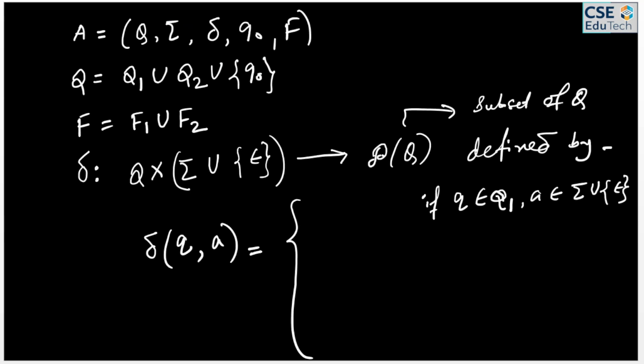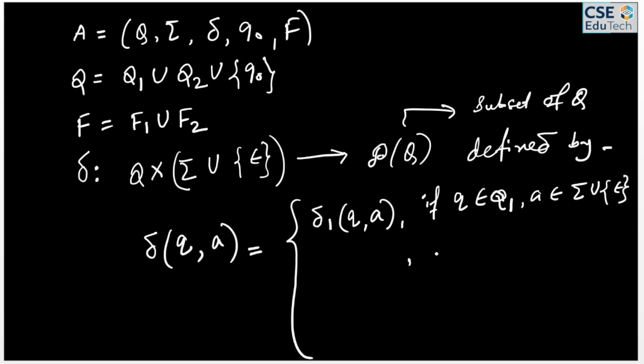What will be the transition here? In that scenario it will be delta 1, the transition of the automaton A1, so delta 1 of q comma a, when q belongs to Q1, that is, the state belongs to the automaton A1, and a belongs to this.